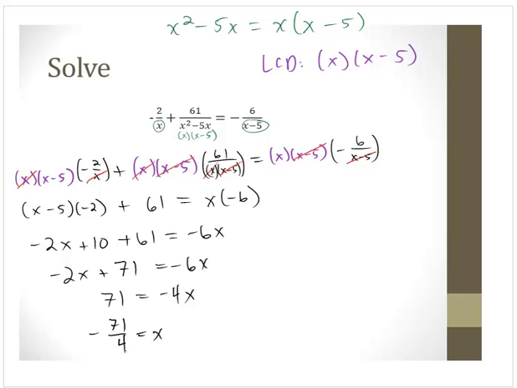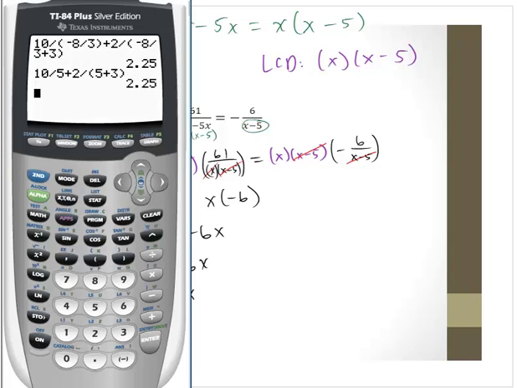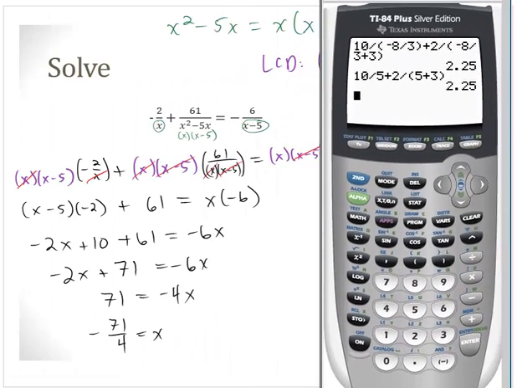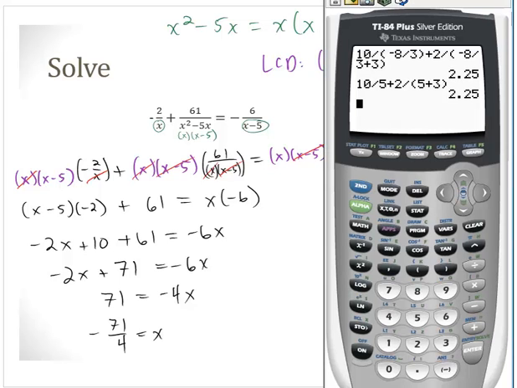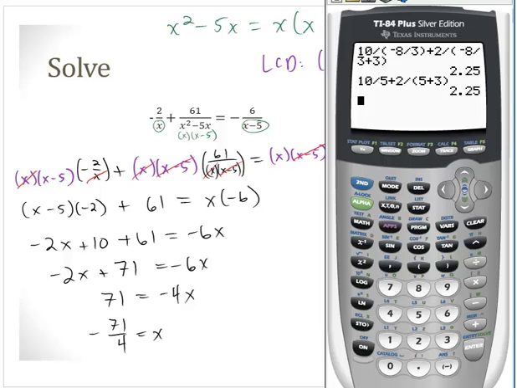Alright, let me check this in the calculator. Let me move that over here so I can see the whole equation better. Negative 2 over my x value, negative 71 fourths, plus 61 over quantity, let's see, I open another parenthesis there, negative 71 fourths, I need to square that, minus 5 times negative 71 fourths.